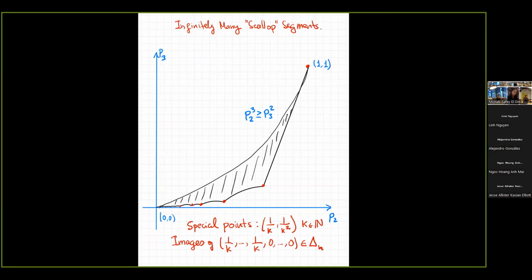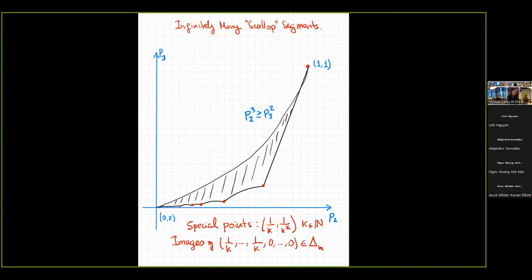On top is given by one inequality, so there is one arc. But then the lower boundary has infinitely many segments, and in the end they converge. I run out of my ability to draw infinitely small segments. But around 0, these are going to be very, very tiny segments.